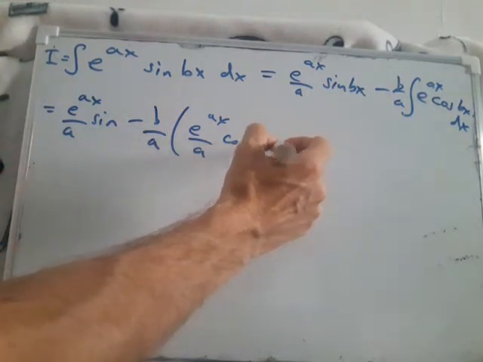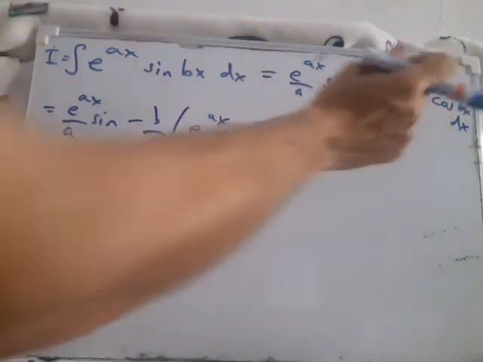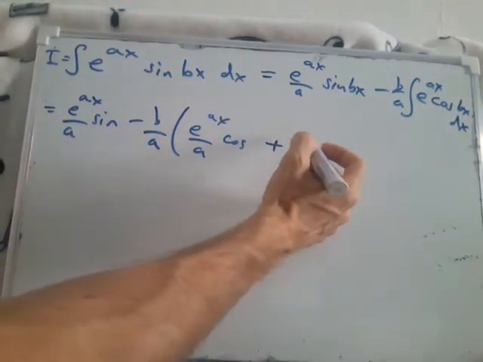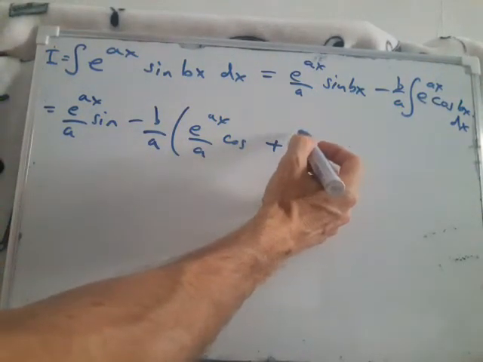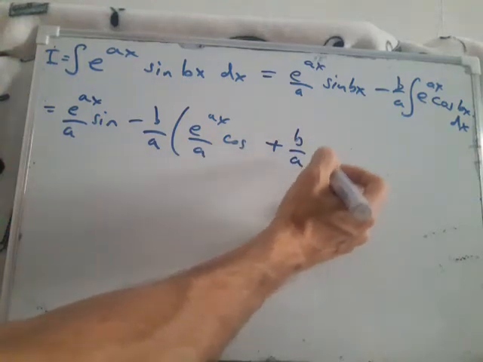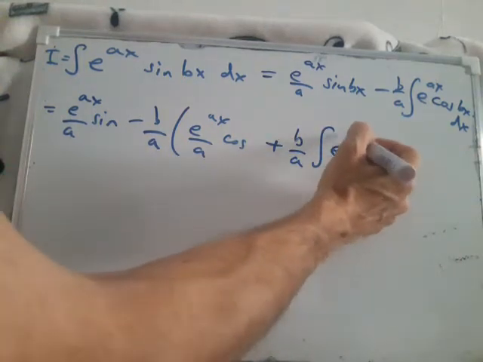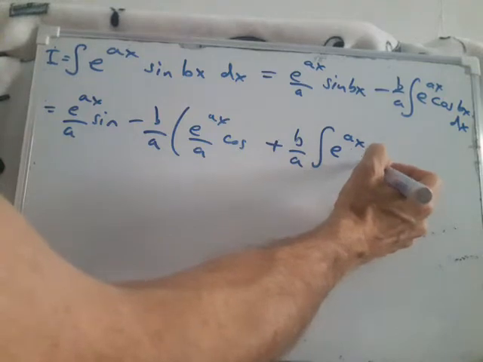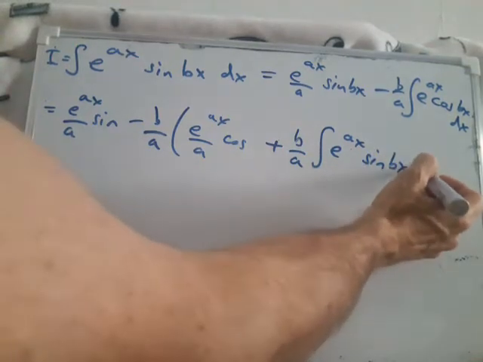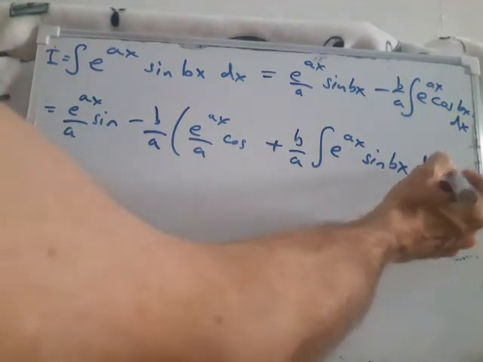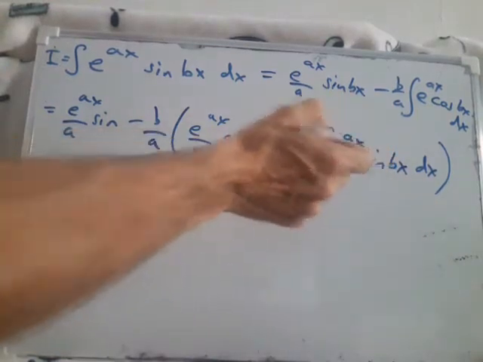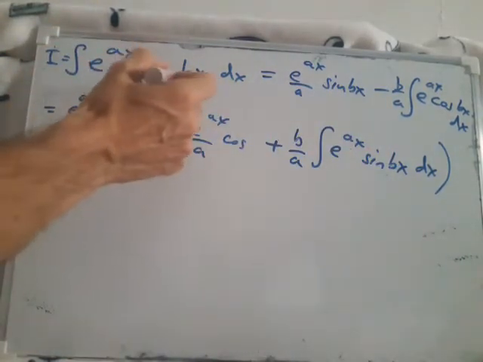And this time when I differentiate cos, of course, I get a plus sign, so I'll end up with b over a e to the ax sine bx dx.